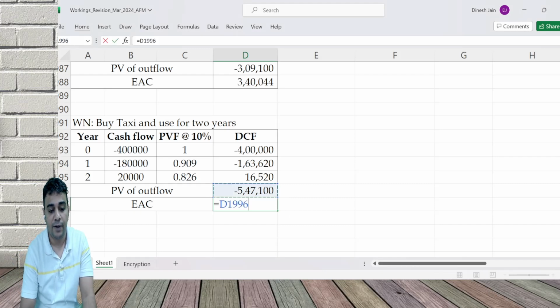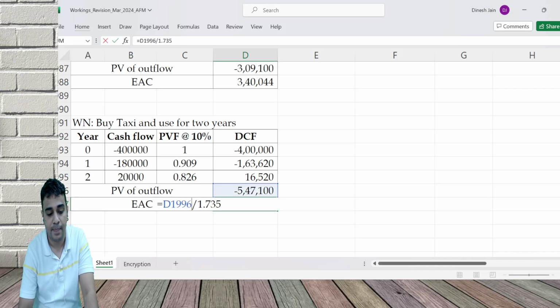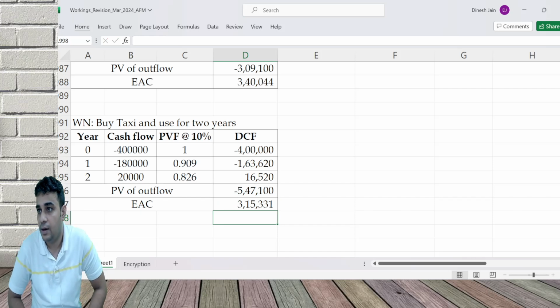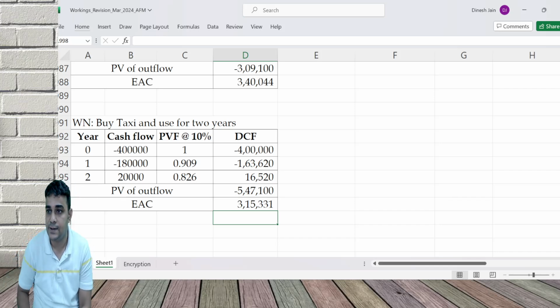What is the 2 year annuity factor? That's a normal annuity factor. 1.735. So 3,15,000 is the EAC. 2 year annuity factor, I divide. Next option is use it for 3 years.